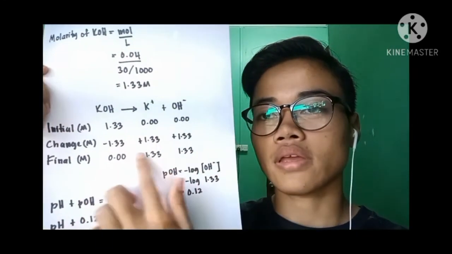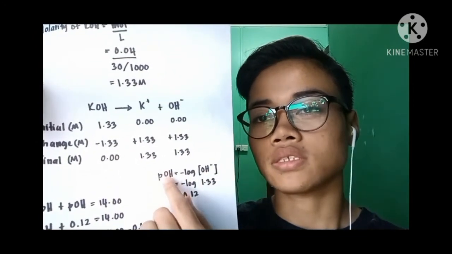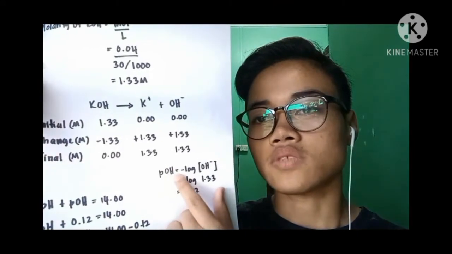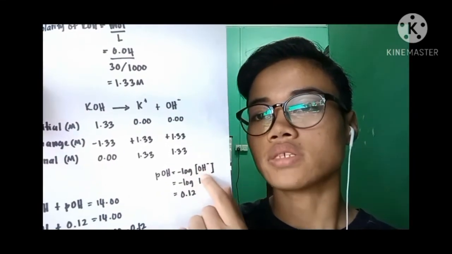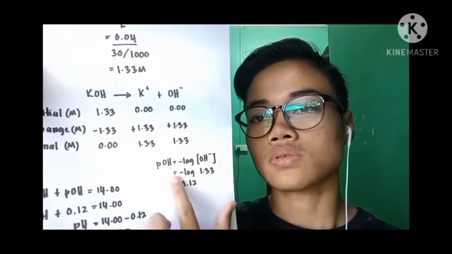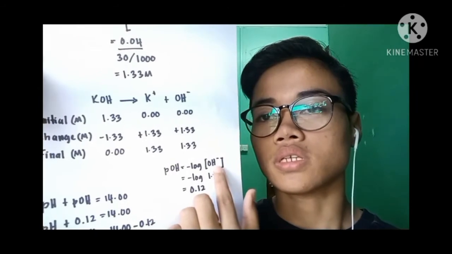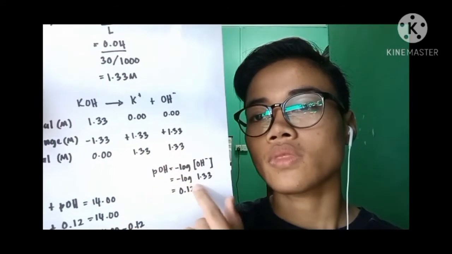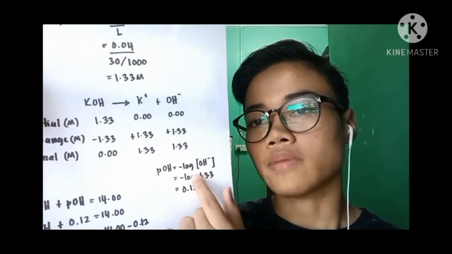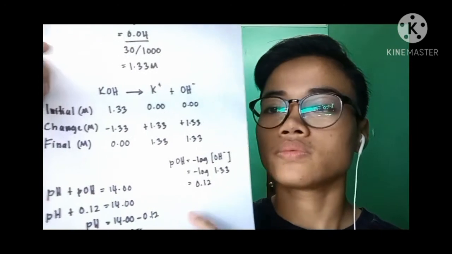After we write this table, we can find the pOH using this formula, negative log of OH negative. So negative log, we insert that OH negative we just got in the table. Negative log of 1.23, and we will get 0.12.